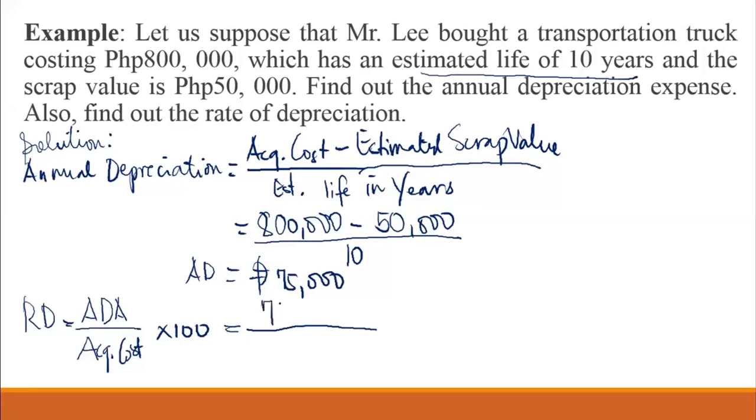That is equal to 75,000 pesos, over our acquisition cost, which is equal to 800,000 pesos, times 100 to get the rate of depreciation. So our rate of depreciation is equal to 9.38%. So the annual depreciation expense is equal to 75,000 pesos with a 9.38% rate of depreciation. So that is the straight line method.